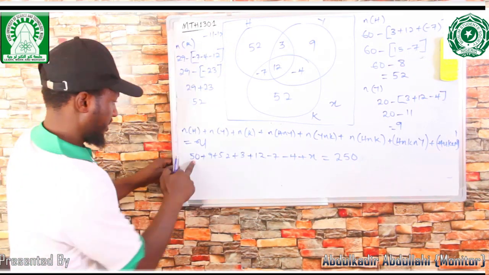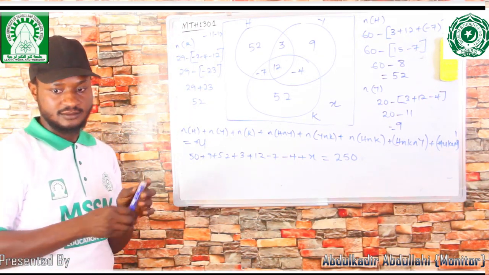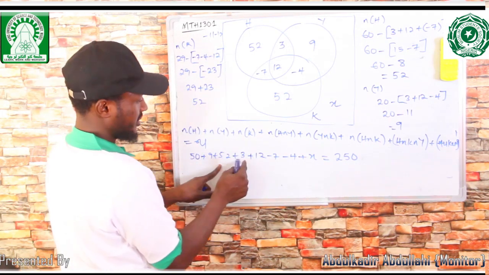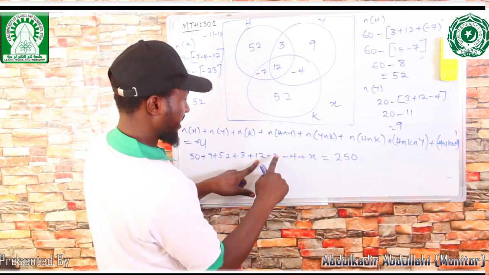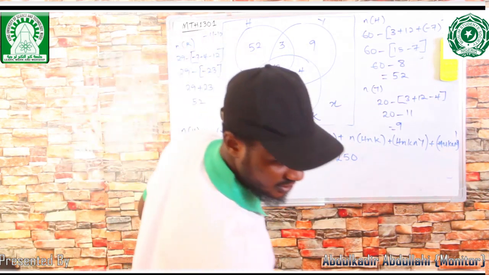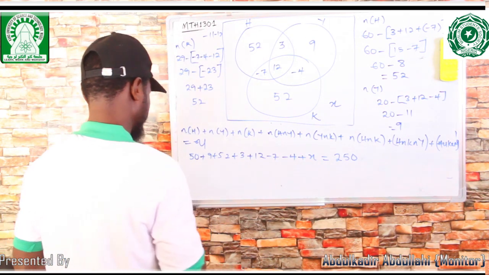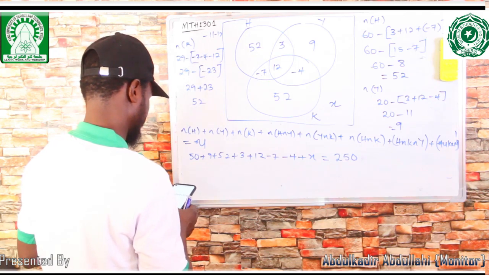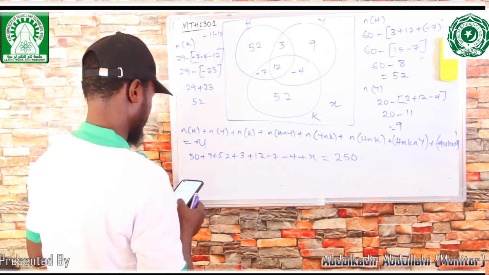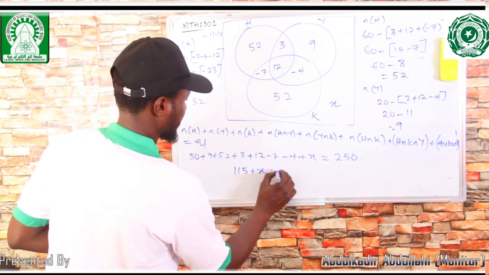Now let's do it. 52 plus 9 plus 52 plus 3 plus 12 minus 7 minus 4 is equal to 117 plus X, which is equal to 250.